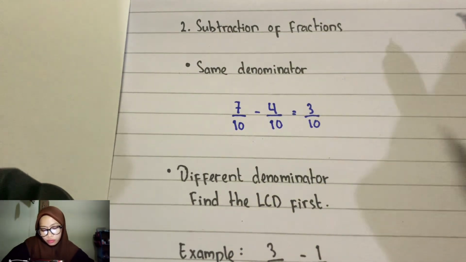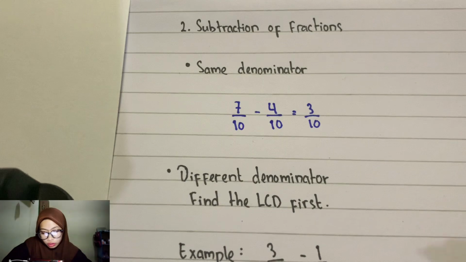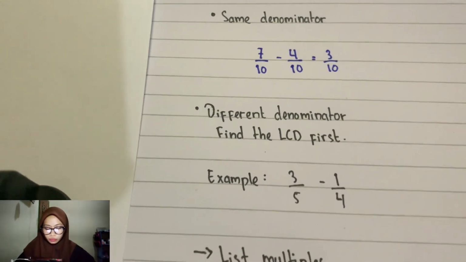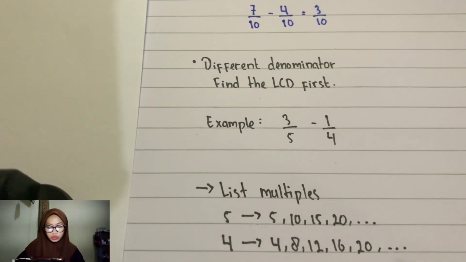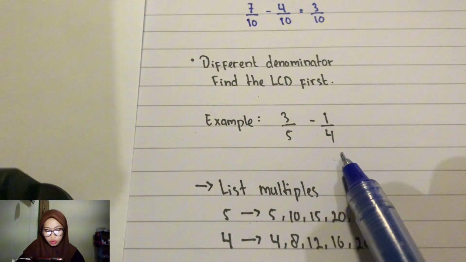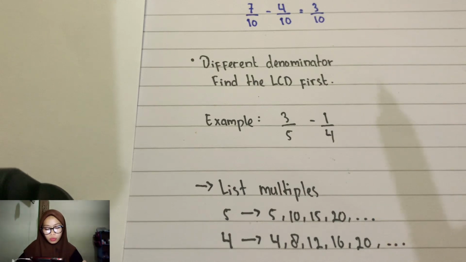But what if they have different denominators? All we need to do is find the LCD first, or least common denominator. Okay, we're going to use this example: 3 over 5 minus 1 over 4. So the first step, we need to list multiples of 4 and 5.